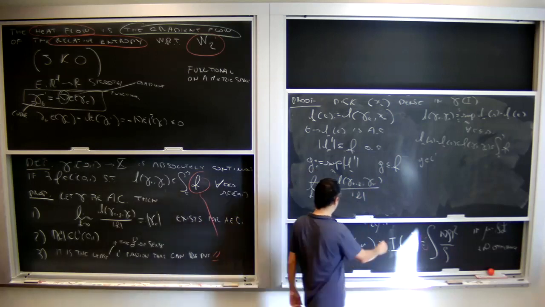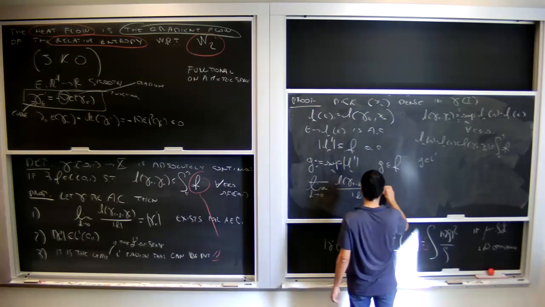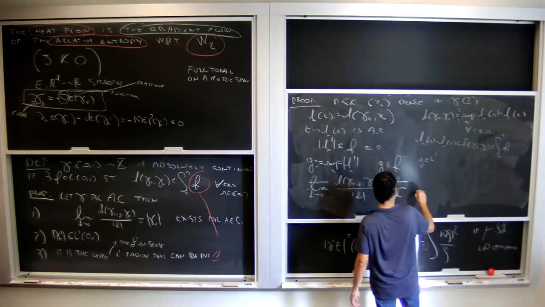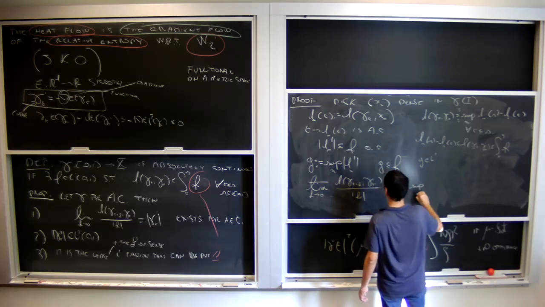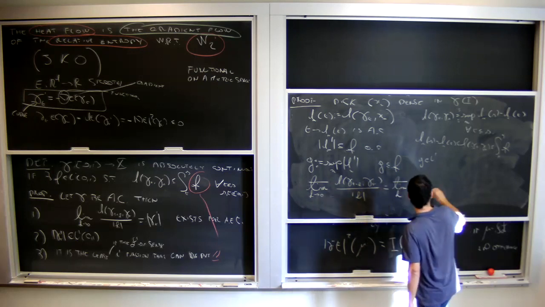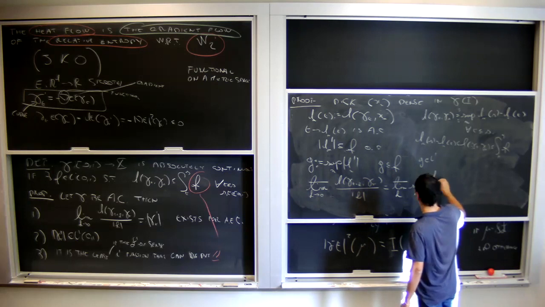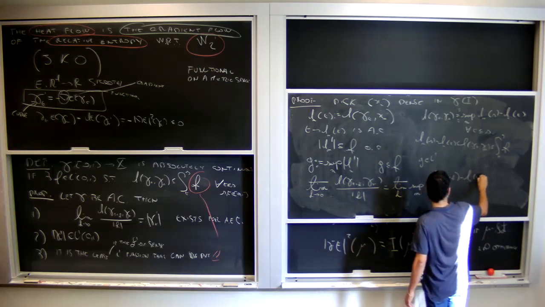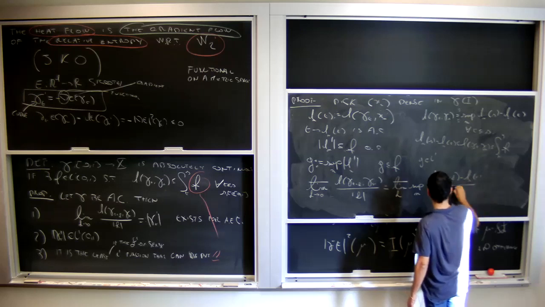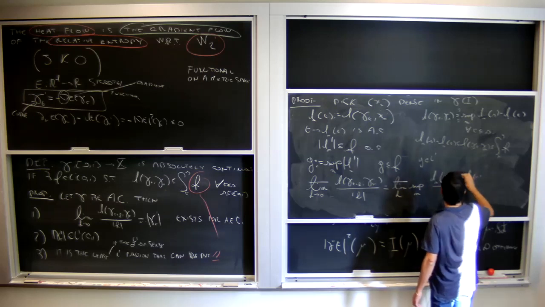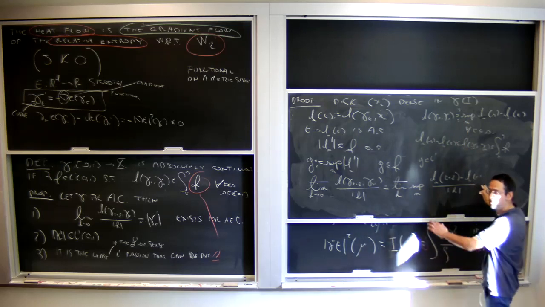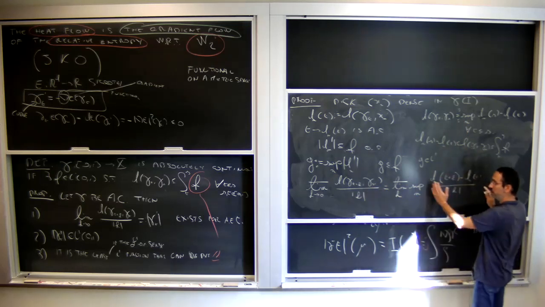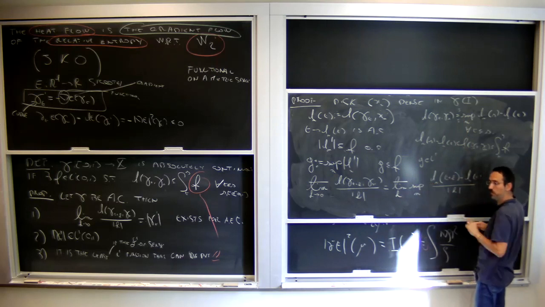This is equal to the lim sup in h of the sup in n of dn of t plus h minus dn of t, divided by h. Because of this equality, for any t and h, I just replaced the distance between gamma t and gamma t plus h with the sup.